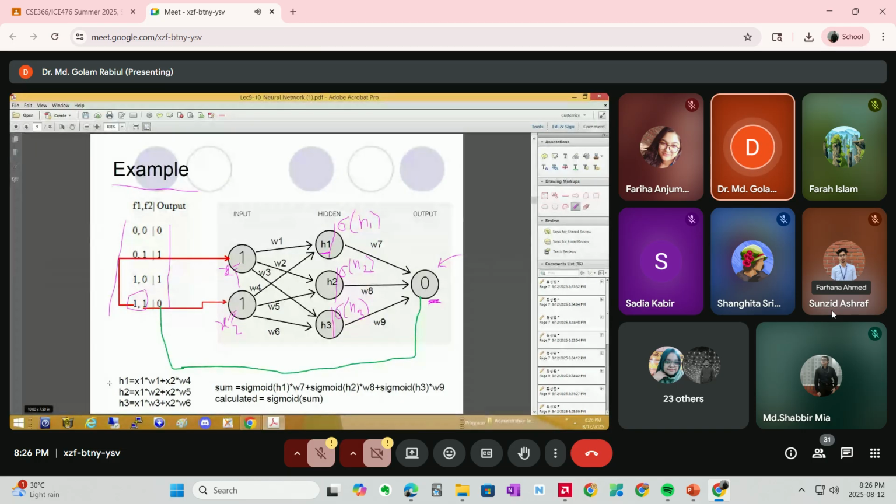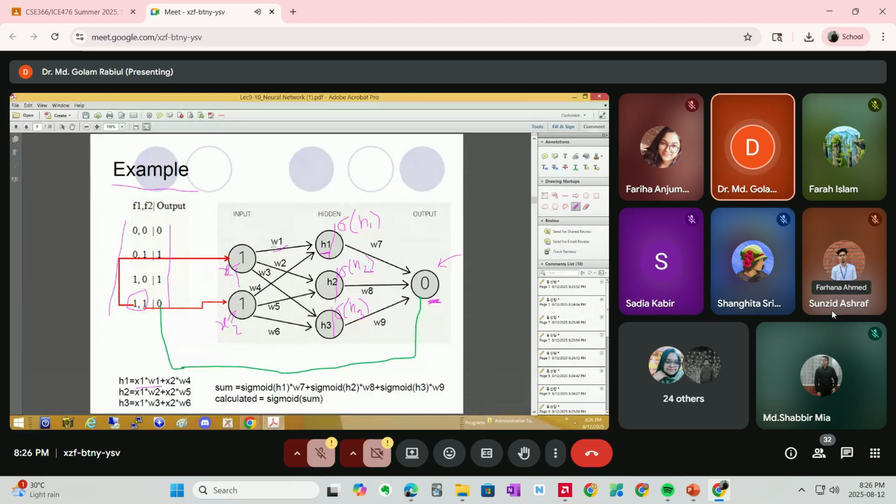So here is a quick review. If you want to find H1, the hidden layer sum, what we have to do is take the input X1 times W1, because this is the edge connected to the hidden layer, so the weight of the edge is W1.